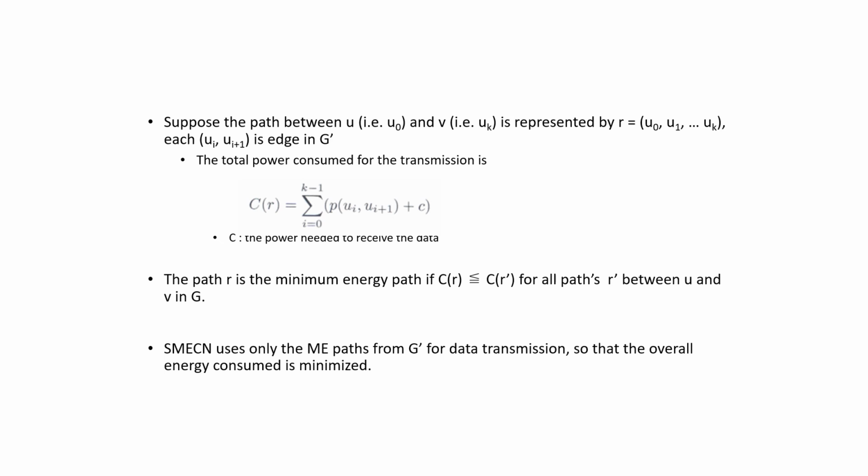In this equation, c is the power needed to receive the data. The path r is the minimum energy path if C(r) is less than or equal to C(r') for all paths r' between U and V in G. SMECN uses only the minimum energy path from G' for data transmission, so that the overall energy consumed is minimized.